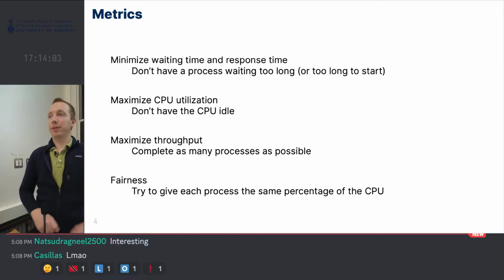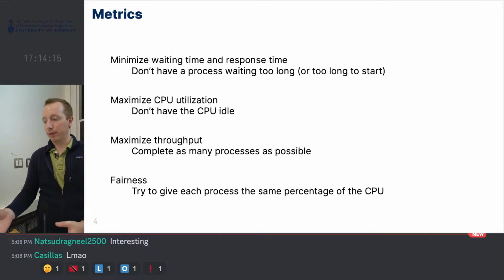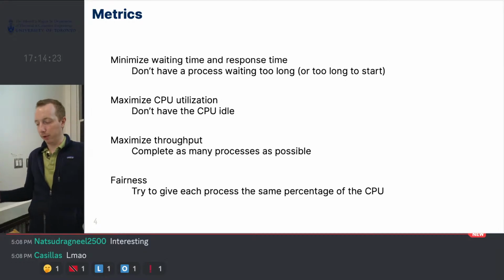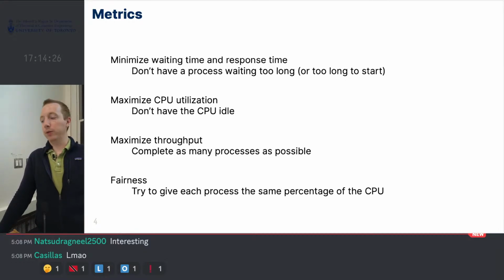When we talk about scheduling, there are four main metrics. The first one is minimizing waiting time and response time. You don't want a process waiting around too long. It wants to execute, so you want to give it the CPU as quickly as possible and let it finish and terminate as quickly as possible. You also want to maximize CPU utilization.